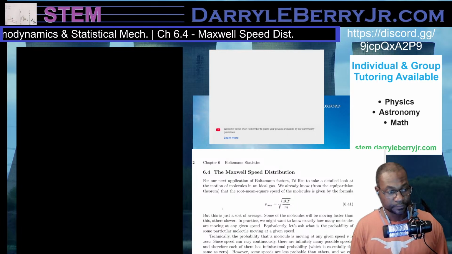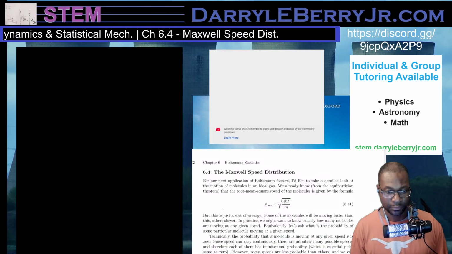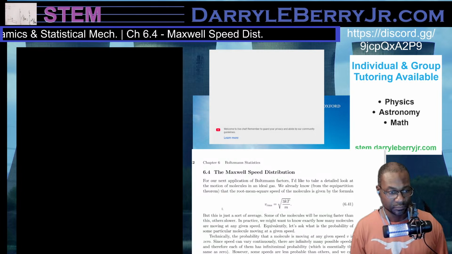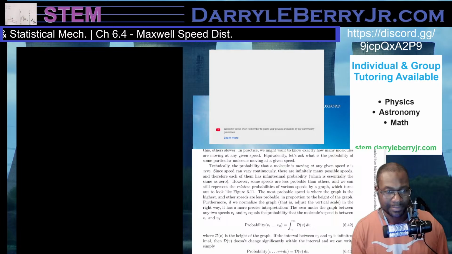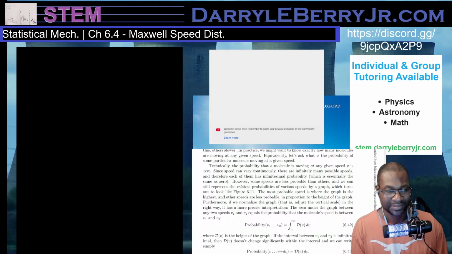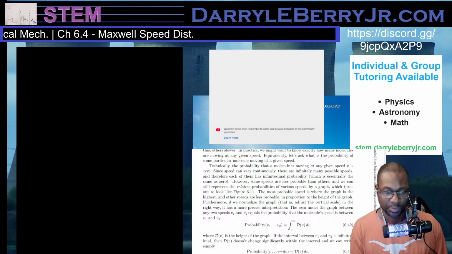Each individual particle, some of the molecules will be moving faster than this, others slower. In practice, we might want to know exactly how many molecules are moving at any given speed. Equivalently, let's ask what is the probability of some particular molecule moving at a given speed. Technically, the probability that a molecule is moving at any given speed v is 0. Since speed can vary continuously, there are infinitely many possible speeds, and therefore each of them has infinitesimal probability, which is essentially the same as 0.